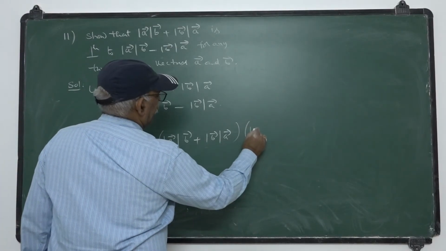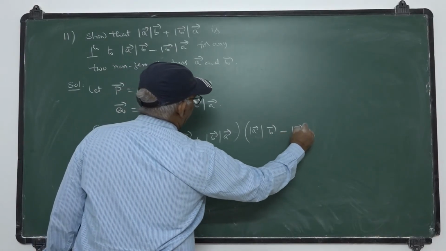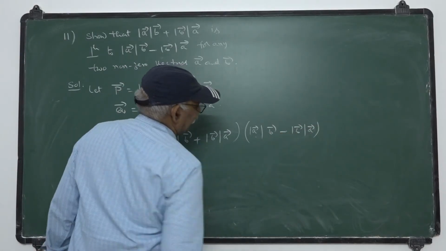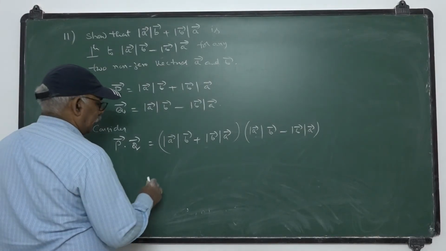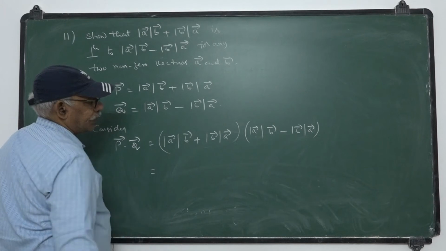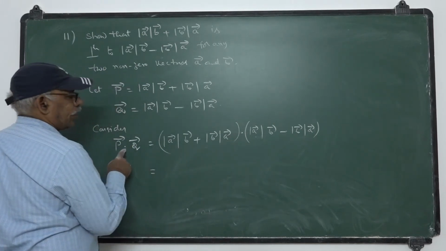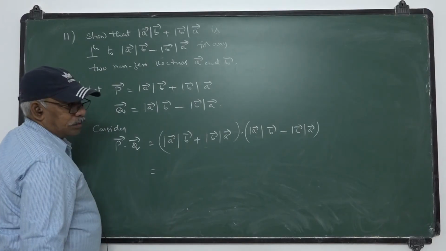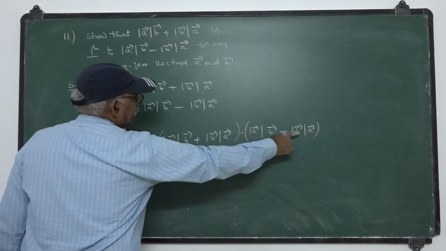Similarly, mod A bar B bar, m into B bar minus n into A bar, like that. So this is dot, taking dot here. Dot product is distributive, so multiply these two and then multiply these two.